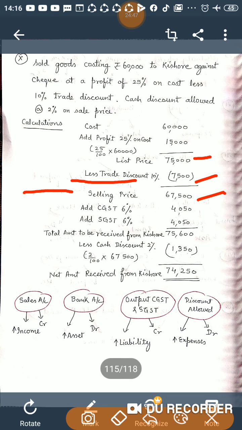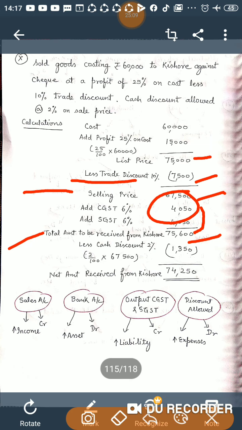So on this selling price we also add the GST, 6% CGST and 6% SGST, 4,050, 4,050. The sum total of these three items is 75,600. This is the amount we are supposed to receive from Kishore, 75,600.